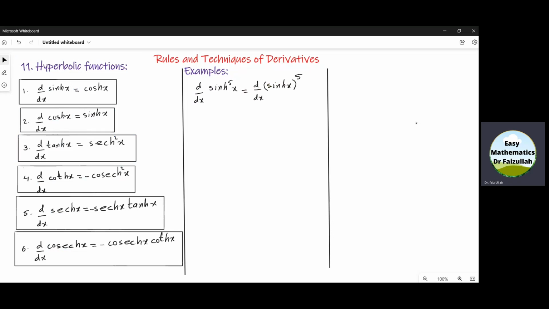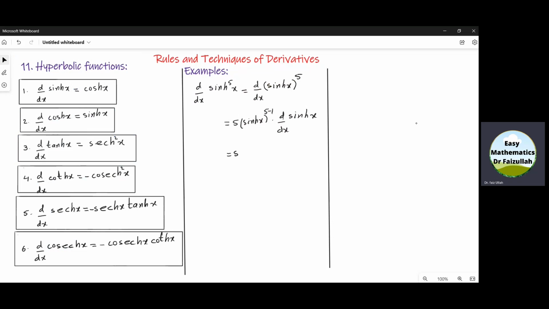So first of all, here we shall use the chain rule. According to that rule, we write 5 sine hyperbolic x raised to the power 5 minus 1, and then we do the inner differentiation of sine hyperbolic x.